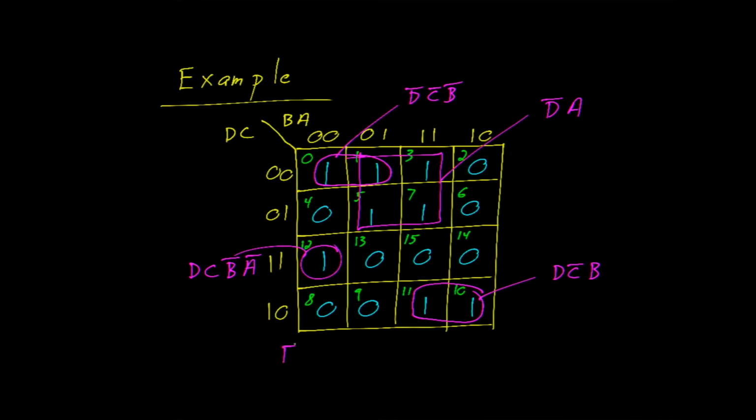Putting this all together, our optimized sum of products equation is D naught C naught B naught, or D naught A, or D C naught B, or D C B naught A naught.